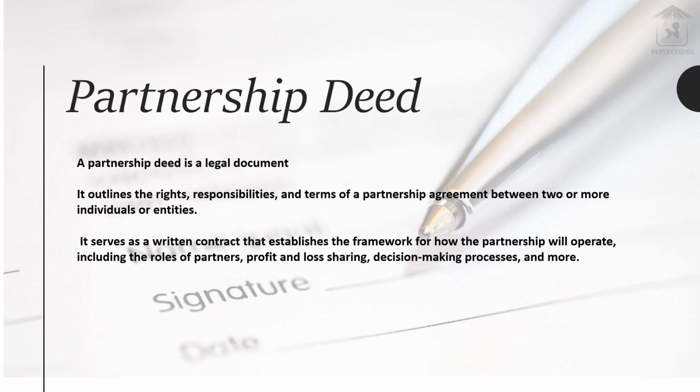So the partnership deed can contain the following points: the name and address of the firm, name and address of the partners, type and nature of the business, the amount of capital contributed by each partner, the interest on capital which would be provided by the firm to the partners, how much the partners can draw from their profit, the interest on drawings, the profit sharing ratio, whether any partner is eligible for salary, if I'm going to calculate goodwill, how am I going to calculate it, what is the method of valuation, what is the accounting period, what is the auditing method, what is the duration of the partnership, what would be the bank account, and settlement of disputes.